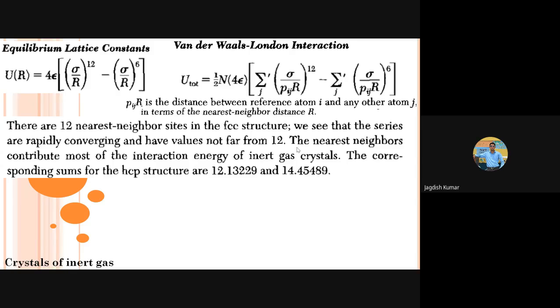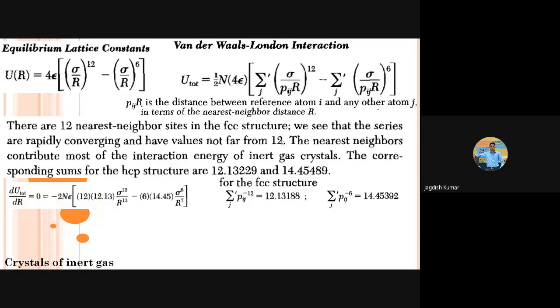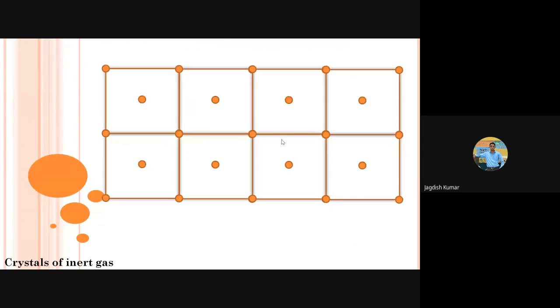What this means is, if we take sigma over r common outside, there will be a factor of 12, each neighbor giving a value of 1. Why this? Let me come to the next slide, where I have given this, and then we will discuss it.